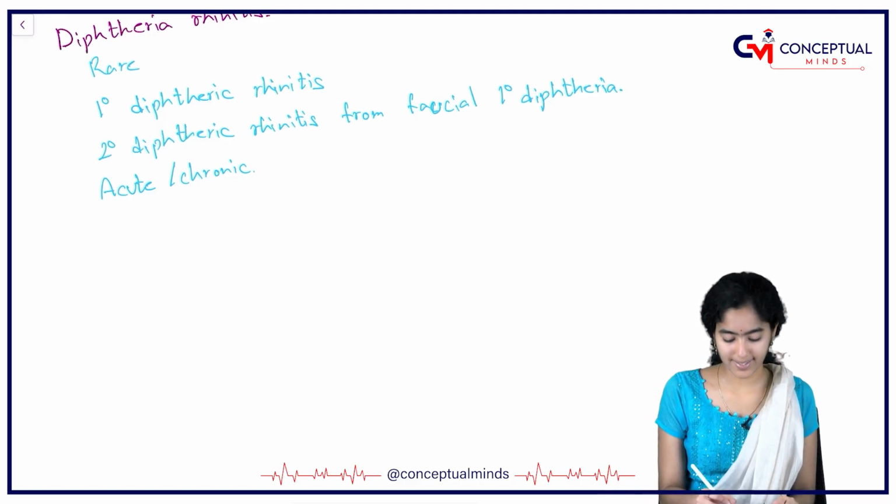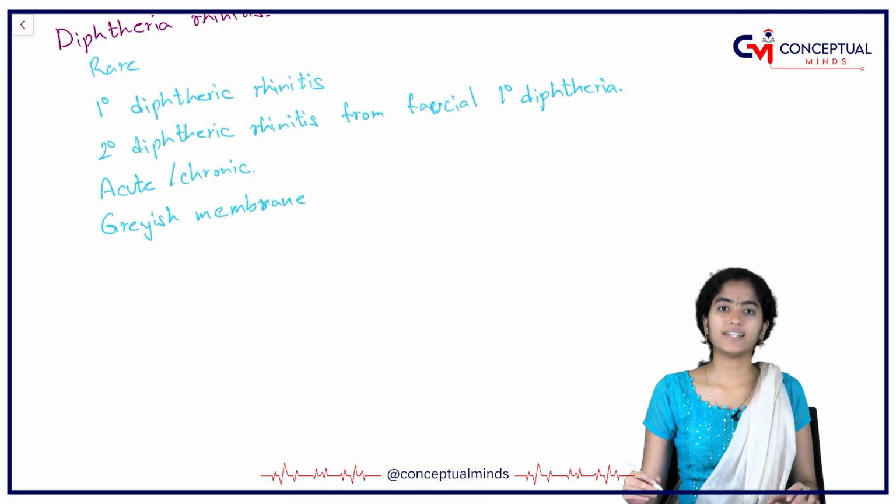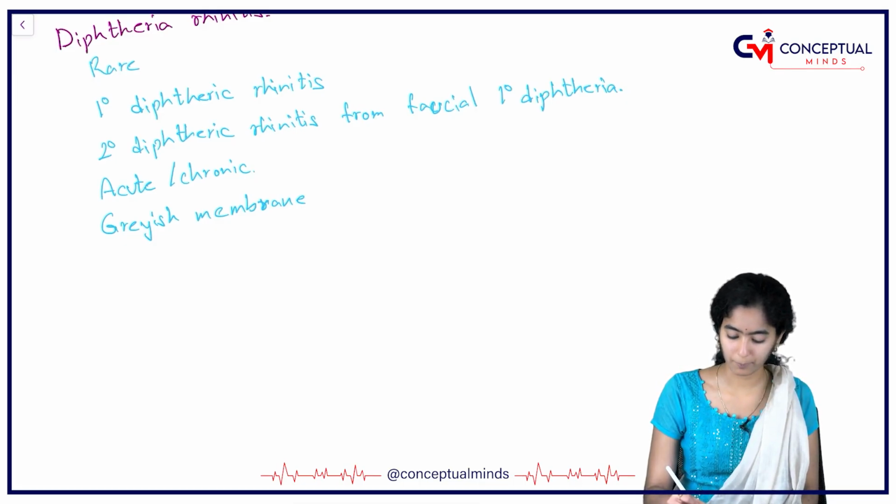Here also there is a grayish membrane that covers the inferior turbinate and the floor of the nose.